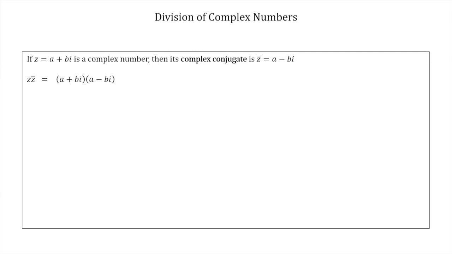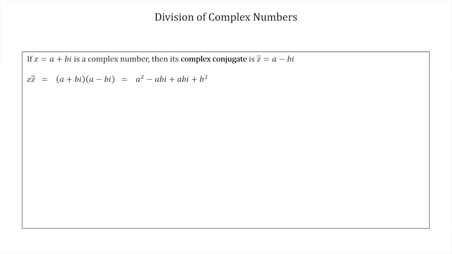And we know how to do multiplication of complex numbers because we saw it in the previous video. We're just going to times everything by everything in these two brackets. So a times a is a squared, minus abi, that's the a times the minus bi, plus abi, that's the a in the second bracket times the bi in the first, and finally, plus b squared.